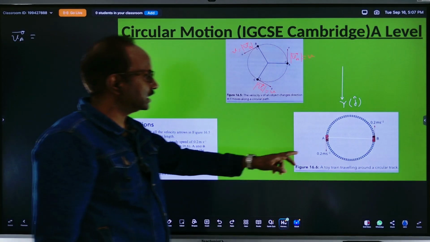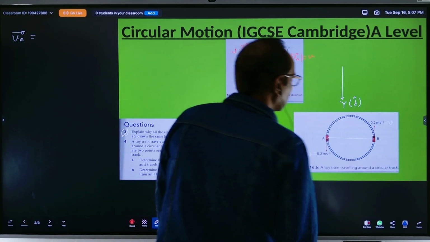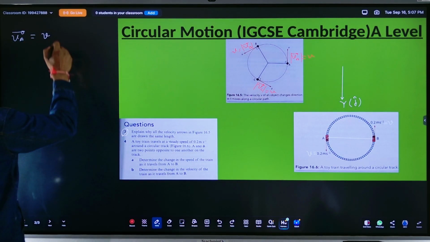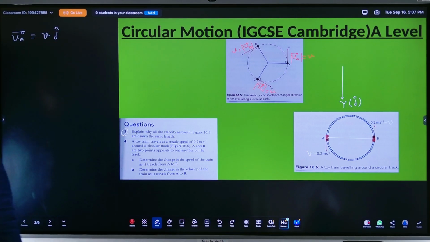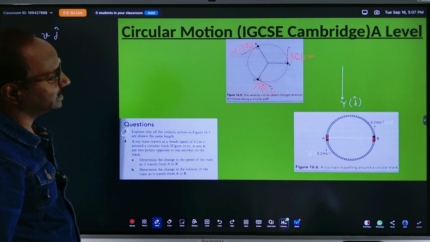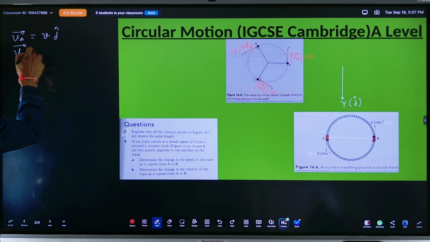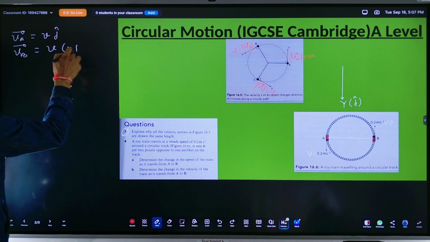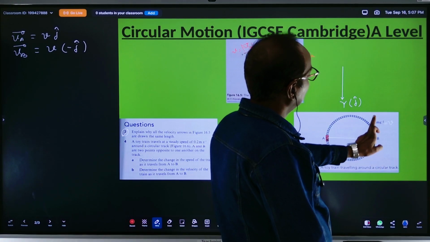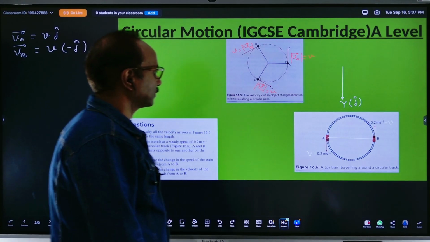The magnitude, let us say, we are writing as V. So VA will be V into unit vector in the y direction. VB will be V into unit vector in the negative of the y direction, because here the direction is opposite to this y axis.